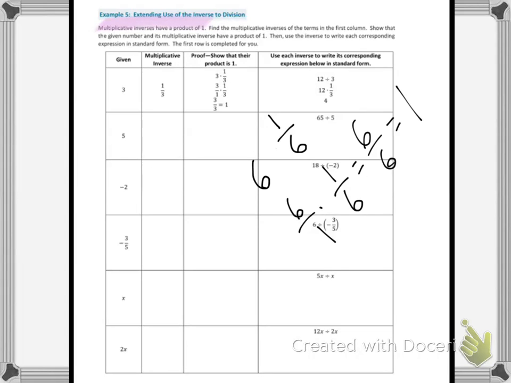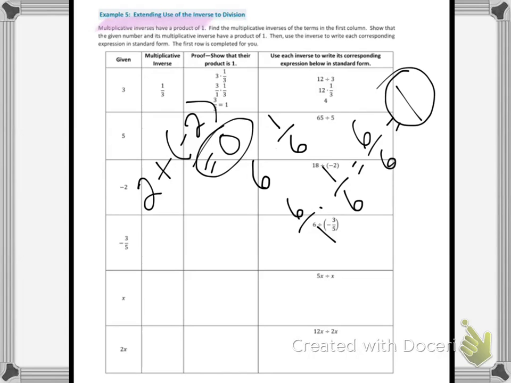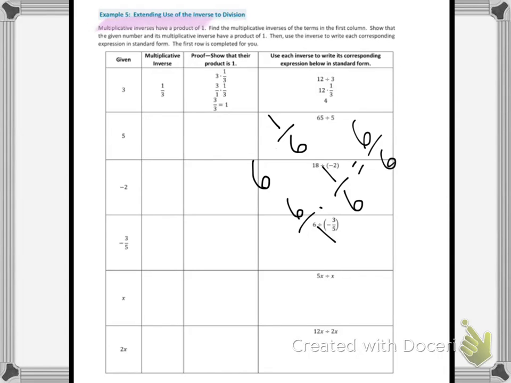Now remember, additive inverses were 2 plus -2, and they equal 0. So when you have an additive inverse, the sum equals 0. When you have a multiplicative inverse, the product is going to be 1.